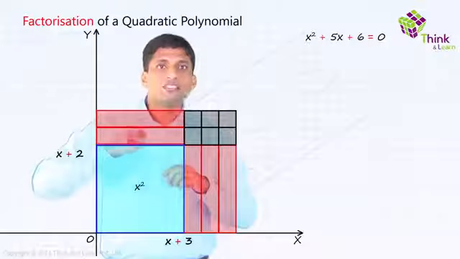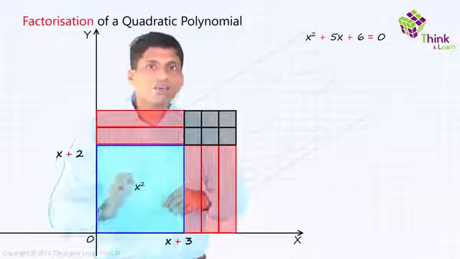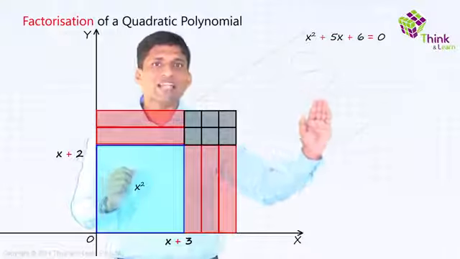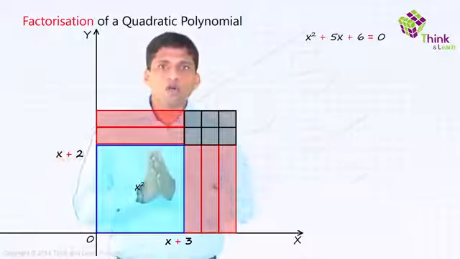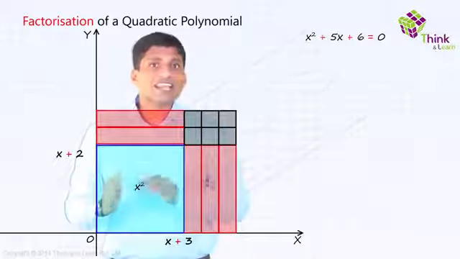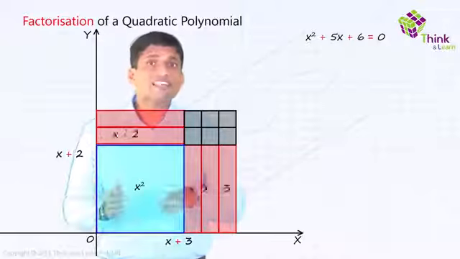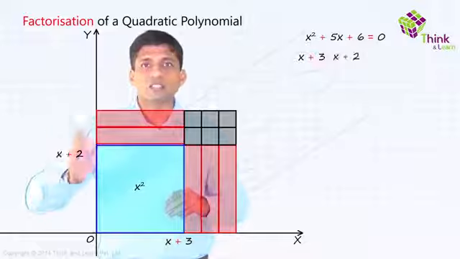Initially we had 3 separate diagrams: one square with area x square, a rectangle with area 5x, and another rectangle that I kept outside with area 6. But when you bring all of them together, we are still getting x square plus 5x plus 6, but we are factorizing it as length and breadth. Length is x plus 3 and breadth is x plus 2.